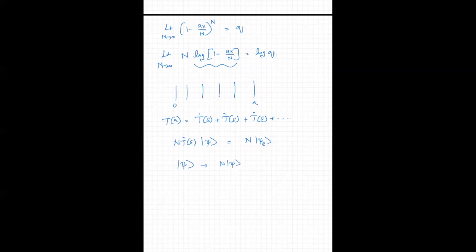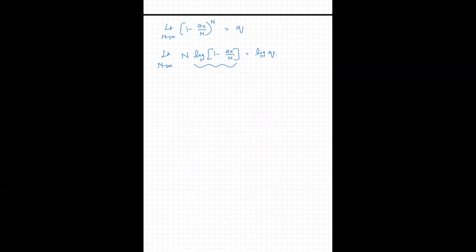And this number I can always absorb in the normalization and claim that this is exactly the same vector. So I'm not actually doing anything. Operators do not add like this. Okay, so let's finish this derivation.